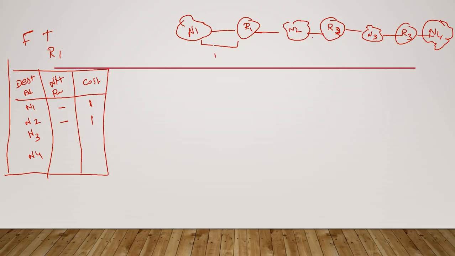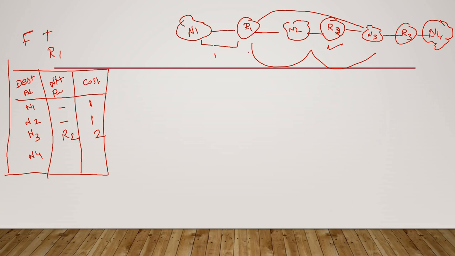To reach network 3 from router 1, we can only go through router 2. So the next router is R2. What is the hop count? 1 and 2, so the hop count is 2.